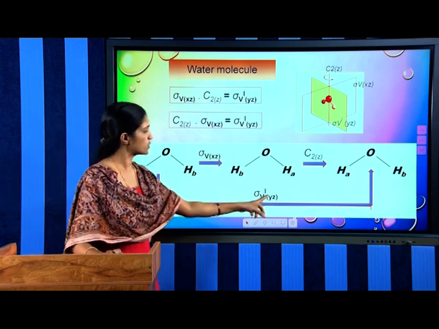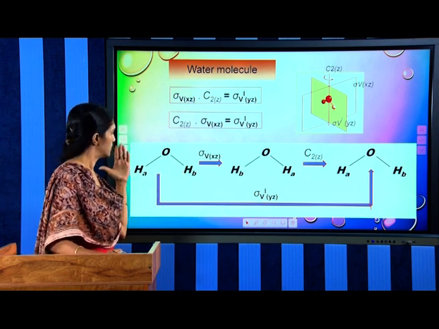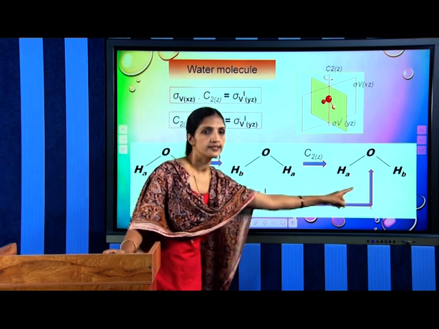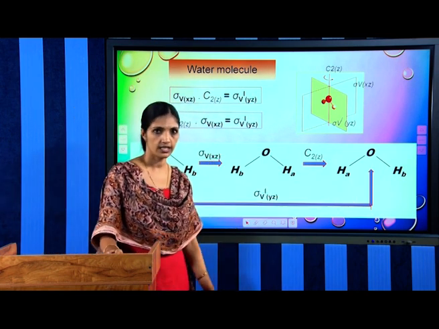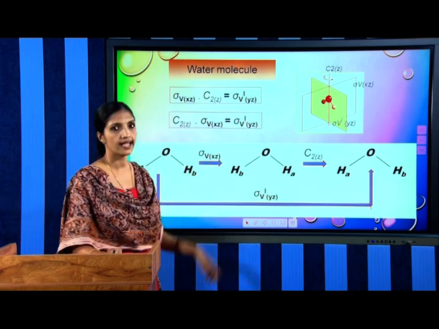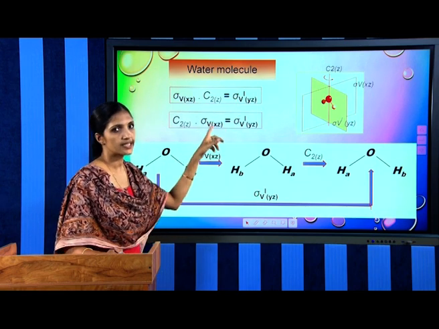Sigma V dash yz is the molecular plane which acts upon this molecule. This is the molecular plane. Then it will result in the same configuration, that means sigma V dash yz again. So both these operations are commutative.